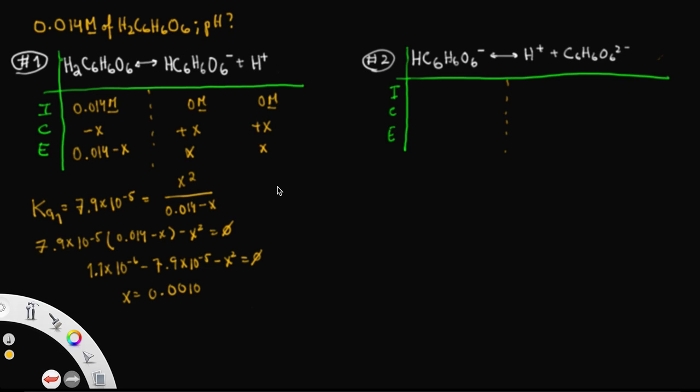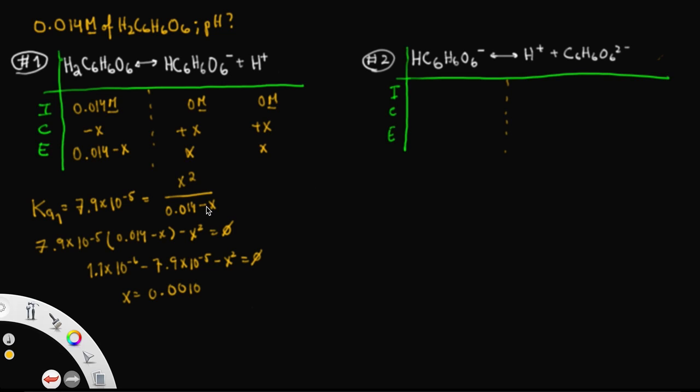In this case, we only have 2 hydrogens, so it's only going up to Ka1 and Ka2, because there are 2 dissociations, so we have to have 2 K values because we have to do 2 ice tables. I know it sounds confusing, so let's go through it. Here we have the Ka1 value, and they give it to you to be 7.9 times 10 to the negative 5, equals x squared, which is your product, over your reactant, which is 0.014 minus x.